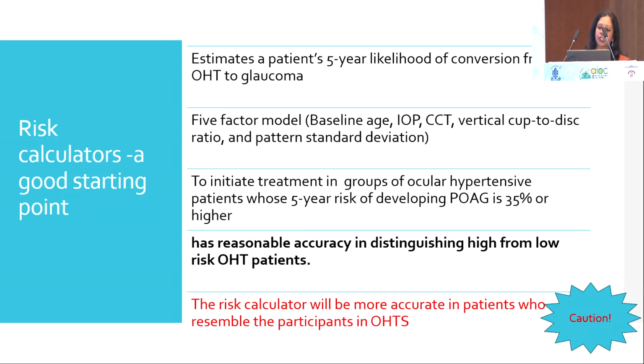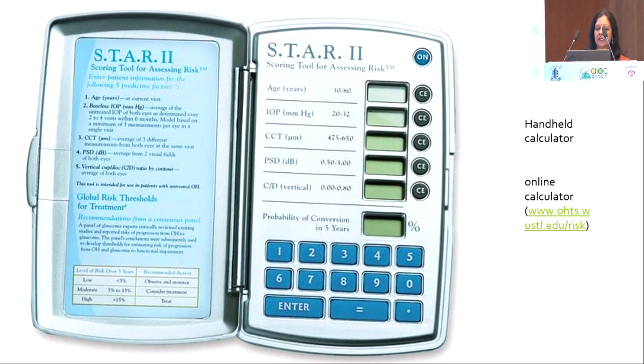But a word of caution: it will be more accurate in patients who resemble the participants of OHTS. This is the scoring tool for assessing risk. It is a handheld calculator where you put in all the information of the patient, and you get the probability of conversion over the next 5 years. If this exceeds 35%, then you can start the patient on treatment. If this is not available, then there is an online calculator with which you can calculate the risk.